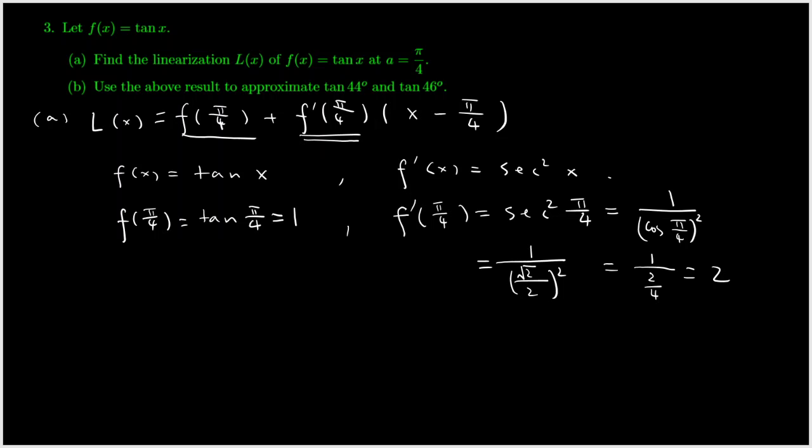Alright. Now we're ready to get the linear function. The linearization of the function is equal to, sorry, the value of the function at pi over 4 is 1, and then plus the derivative of the function at pi over 4, which is 2, and then times x minus pi over 4.